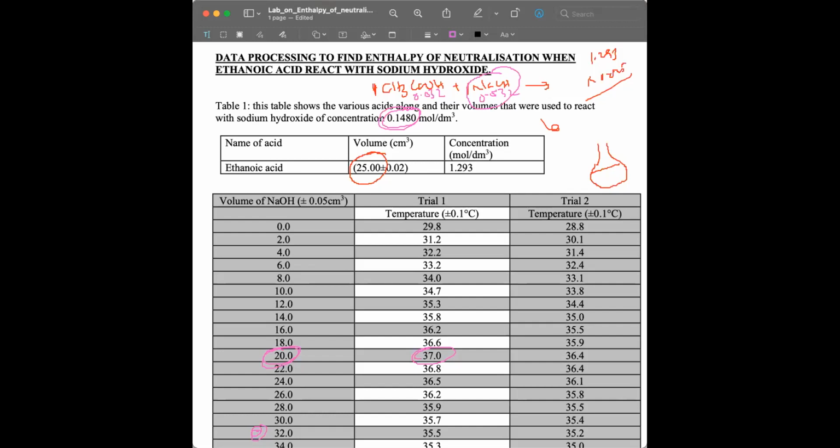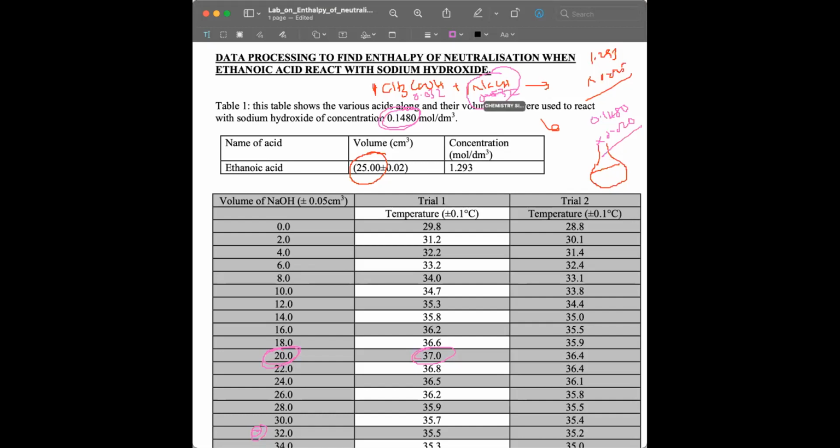Is anyone doing it? Wait, so 20 centimeter cube and 0.1480, right? 0.1480 multiplied by 0.020 is 0.00296. Imagine what I'm expecting.